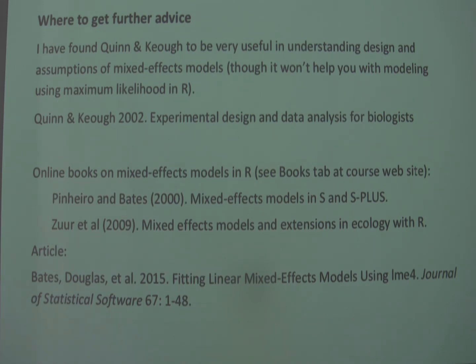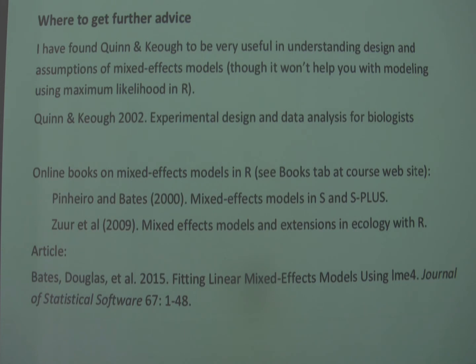Where do you go for advice on stuff like this? Suddenly the kinds of experiments that we're analyzing and that I'm showing you examples of are getting more complicated. There might be more than one fixed effect, there might be interactions. Where do you go for advice?